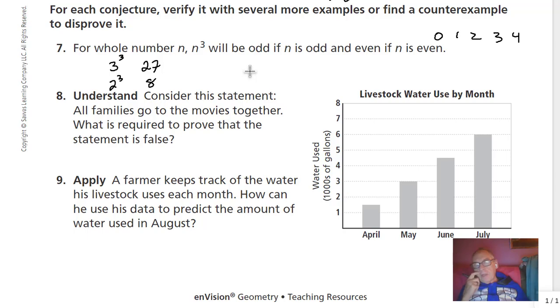Times another 15, that's going to be too big of a number. 10 times 10 times 10, even, that gives 1,000, that's even. 9 times 9 times 9. 9 times 9 is 81, so 9 to the third is 729. 8 to the third is going to be 64 times 8, which is 512, which is even. So it seems to be true.